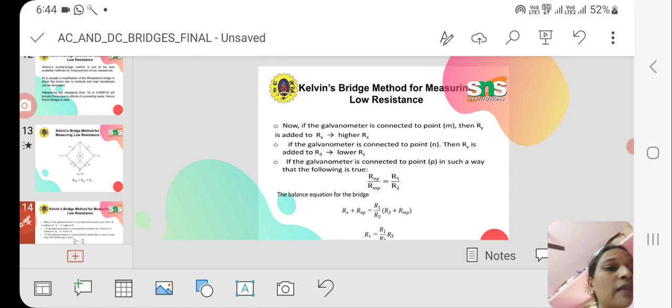Now, if the galvanometer is connected to point M, then Ry is added to Rx, which is the unknown resistance. Hence, the unknown resistance value measured will be of higher value, which leads to an error. If the galvanometer is connected to point N, then the lead resistance Ry will get added to the standard resistance value R3, which results in lower value of Rx.